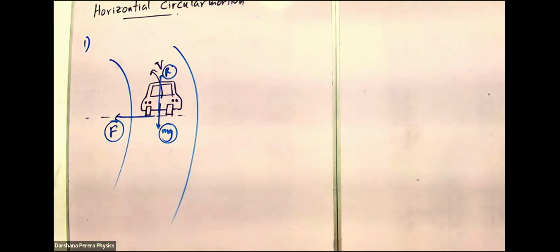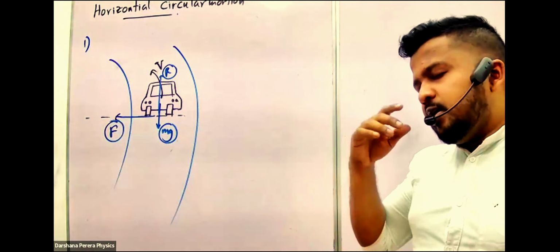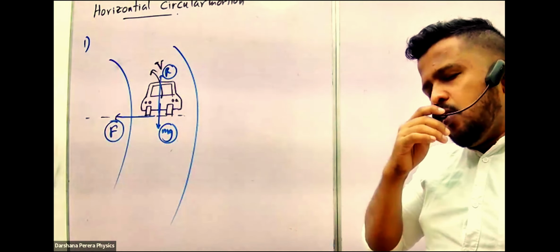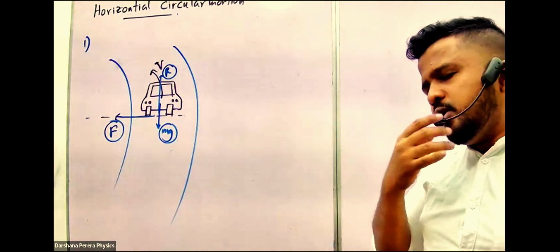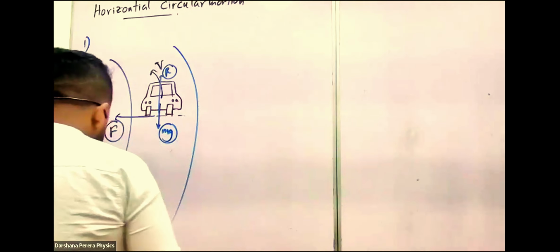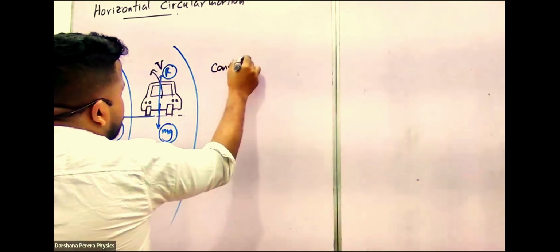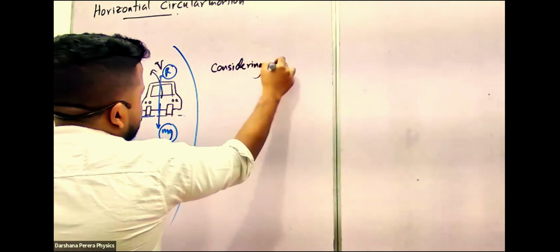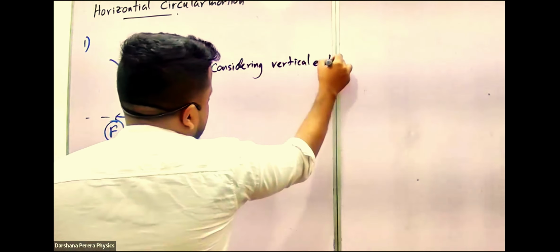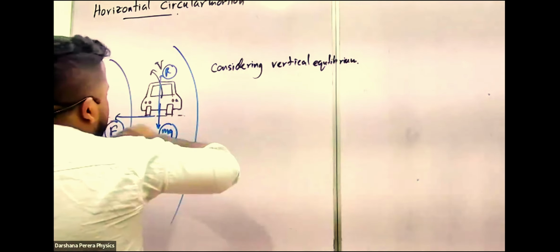We have to take it as circular motion. As I mentioned previously, there is a method. First of all, we have to mark all the forces on the object. Then we have to take the vertical equilibrium. What is the vertical equilibrium?